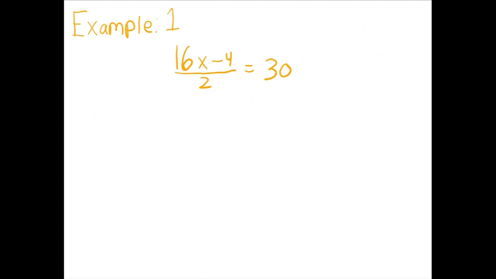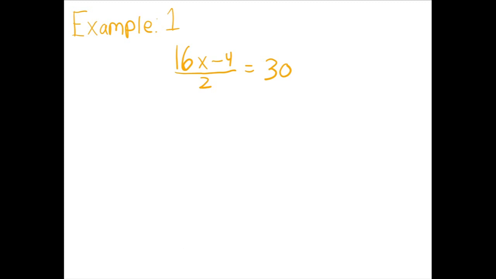So here's our first example. We have 16x minus 4 divided by 2. In order to solve this one, we've got to get rid of that fraction. No one likes working with fractions, they're a pain to deal with. Let's just get rid of it. To get rid of a fraction, you multiply by the reciprocal.